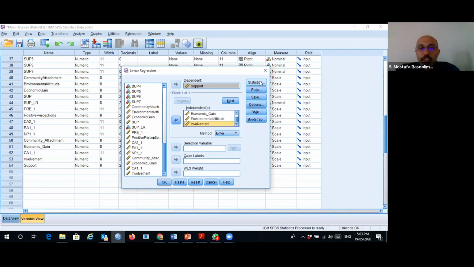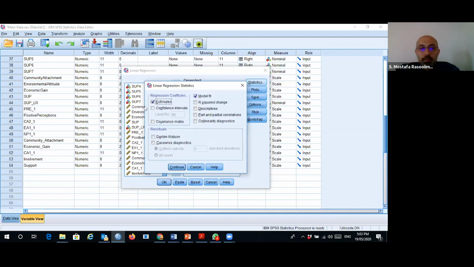Okay, now we need to do something here. The first one is Statistics. Model fit, you can keep this one, and Collinearity diagnostics. You need to click on this one to check the multicollinearity VIF. Also, if you click on confidence interval, you can get the confidence interval in addition to t-value and p-value.